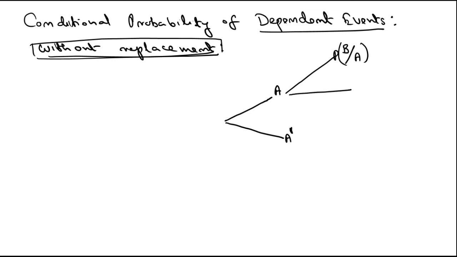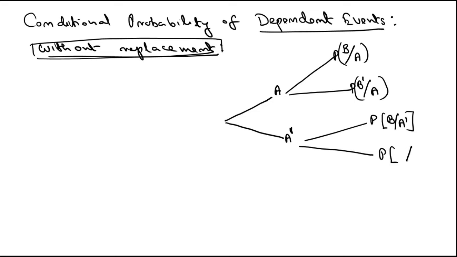Similarly, if A has happened, what is the probability of B complement? Similarly, here also probability of B given A complement. If A complement has happened, then what is the probability of B? And if A complement has happened, then what is the probability of B complement?